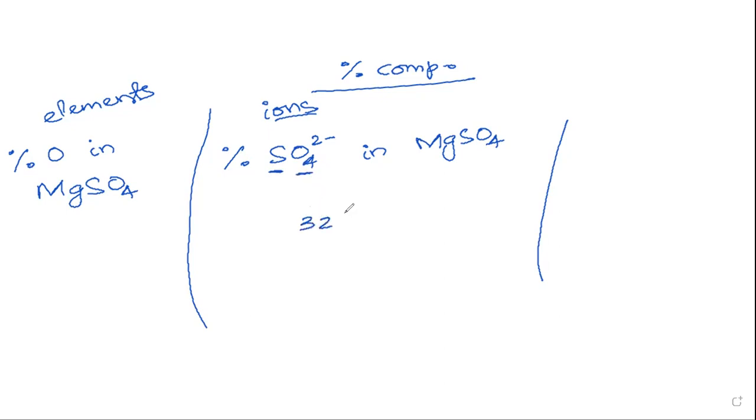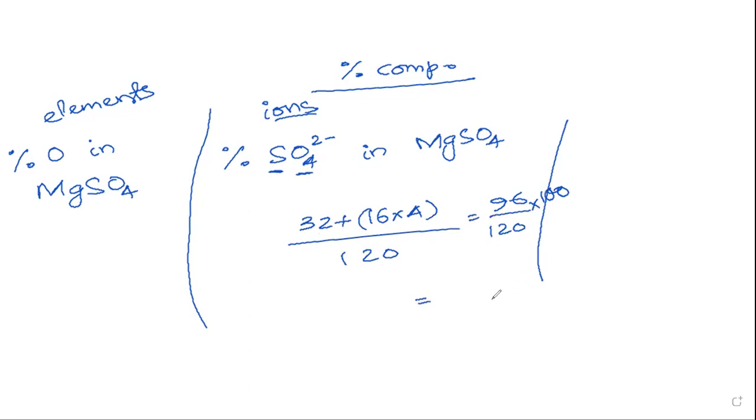So sulfur is 32 plus oxygen is 16 into 4, which makes the whole thing 96. 16 into 4 is 64. 64 plus 32 is equal to 96. 96 over 120 into 100. So this should give you your answer. What do you think the answer is? You have the calculator. Go ahead. 80%. So 80 it is.